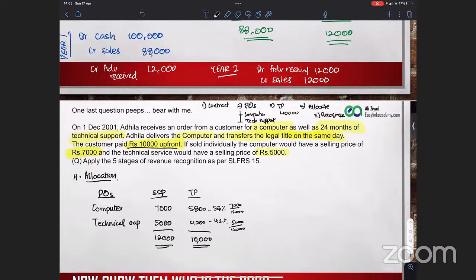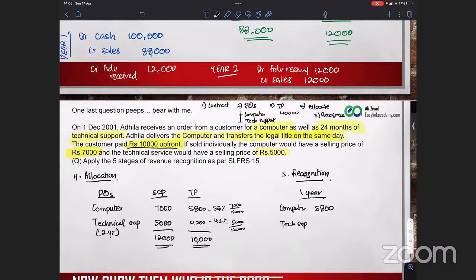Okay. Now, how will Adila record the revenue? Fifth step, recognition of revenue. First year, she will record computer sale 5,800. Technical support is for 2 years, guys. So only the first year will be recorded.